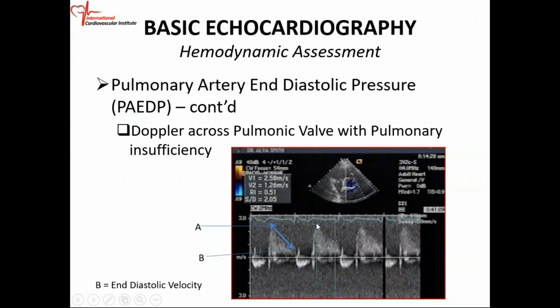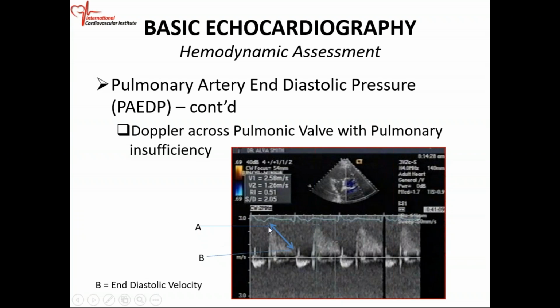So you have an early diastolic velocity, and you get your end diastolic velocity, okay? All right, so this is your early, and this is the end diastolic velocity. So this is the velocity that we're talking about. To get the gradient, remember, pulmonic insufficiency occurs in diastole.